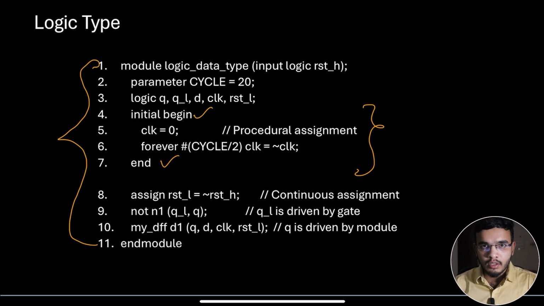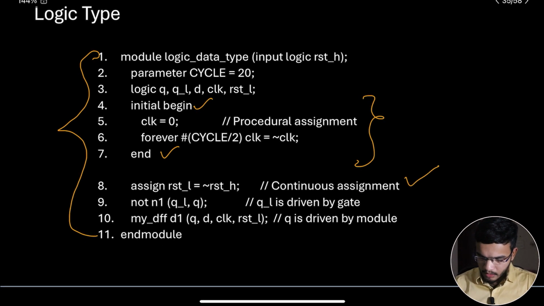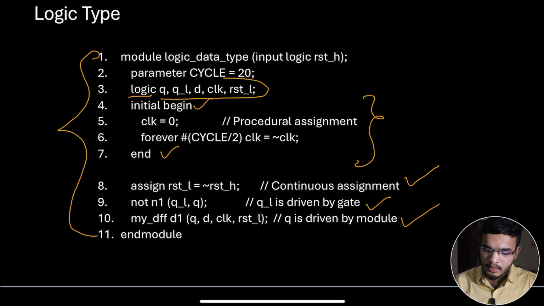So this logic type can be used to drive these statements, continuous assignments can also be driven, and a gate or a module can be driven by a logic type. These variables are declared using logic, so you can drive all these constructs using this logic type. Now we will see in this demo how logic cannot drive multiple drivers.